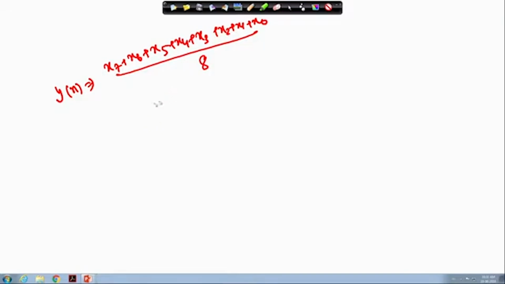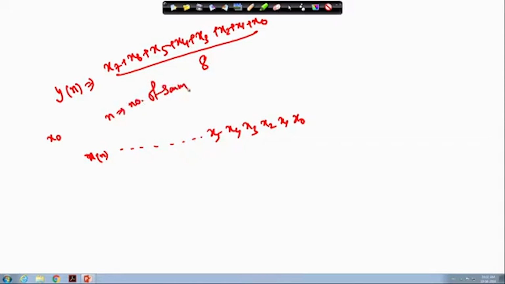And I said that running average means the numbers are coming like x0, then x1, x2, x3, x4, x5, up to xn, where n is the number of samples I consider. They are coming in this manner.